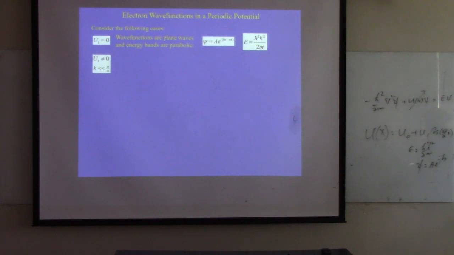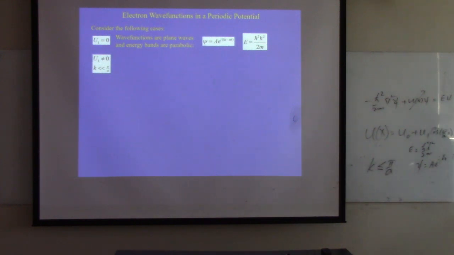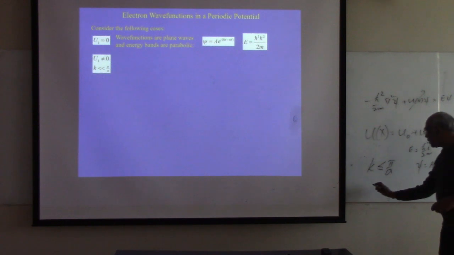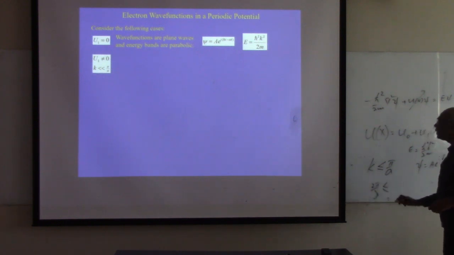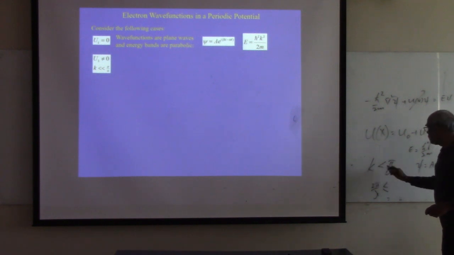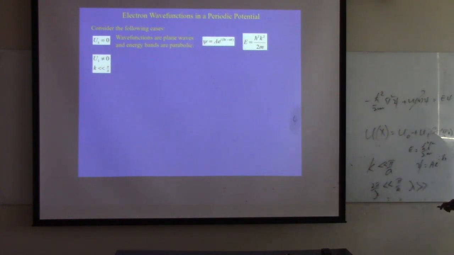But consider the situation where k is very much smaller than pi over a. What does this mean? k means 2 pi over lambda, right? It is very much smaller than pi over a. That means lambda is very much larger than 2a, right?